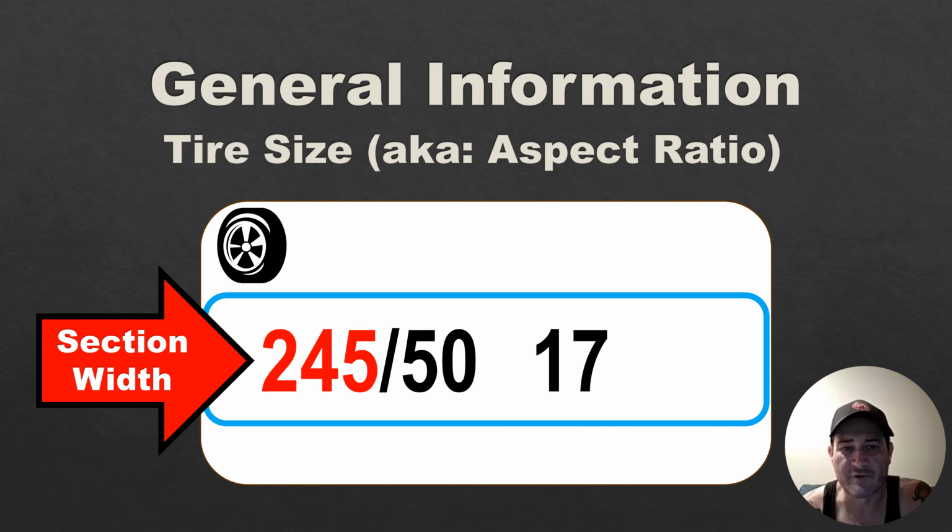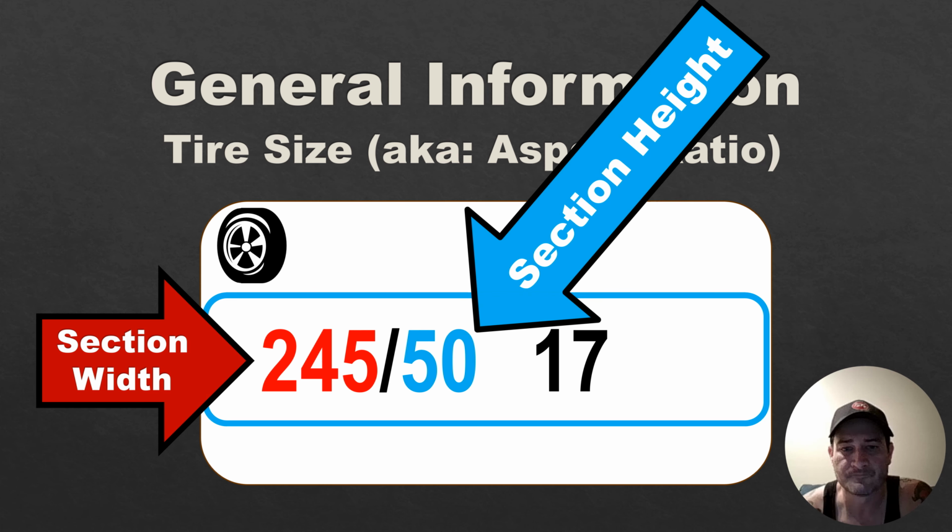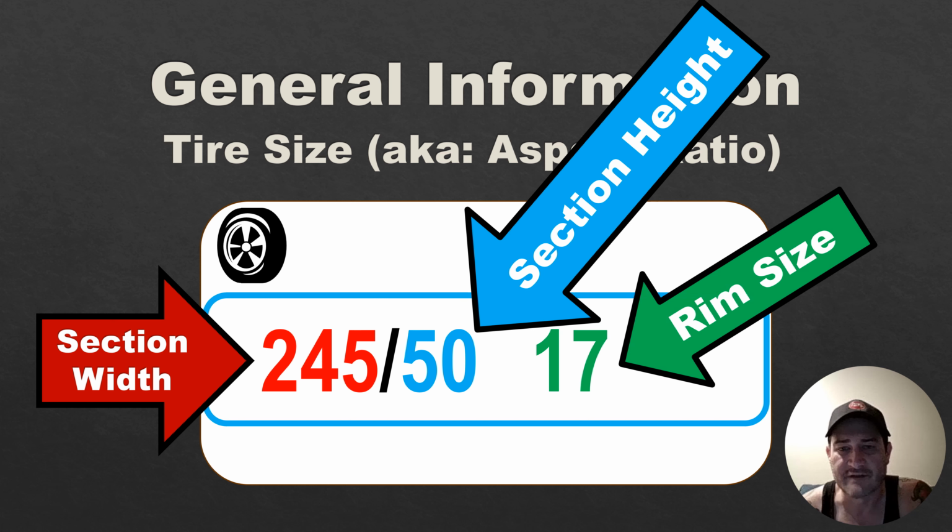The 245 represents our section width, which is the width of the tire. The 50 represents the section height. That is a percentage of the width of the tire. Once we do the math for that, we'll know how tall the sidewall is. And finally, the 17 represents the rim size.